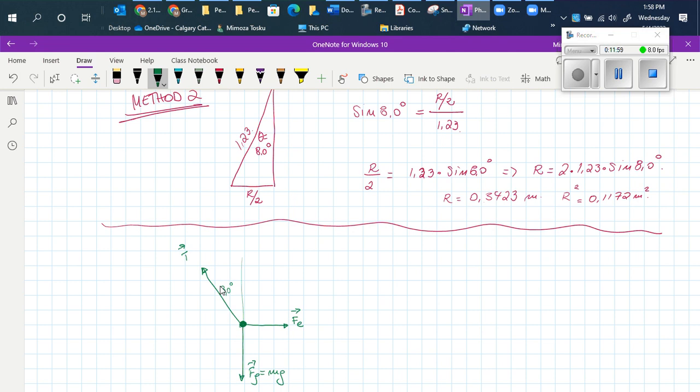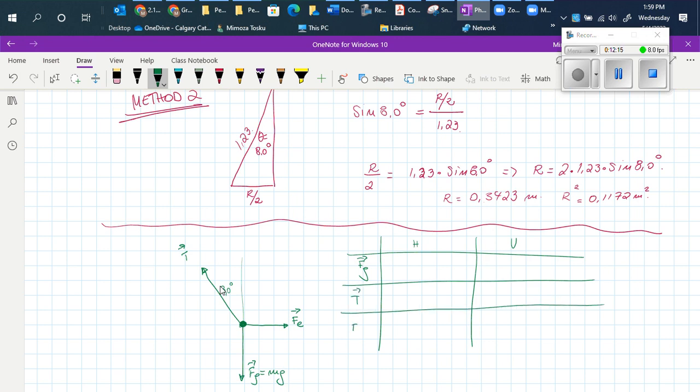Now, this is a 2D situation, which means that the most structured way is to build the table of components, horizontal and vertical, for the force of gravity, tension, electrostatic force, and net force. Since the two spheres are in equilibrium, the net force is equal to 0, which makes us conclude that even the components will be equal to 0. And then we complete the table.